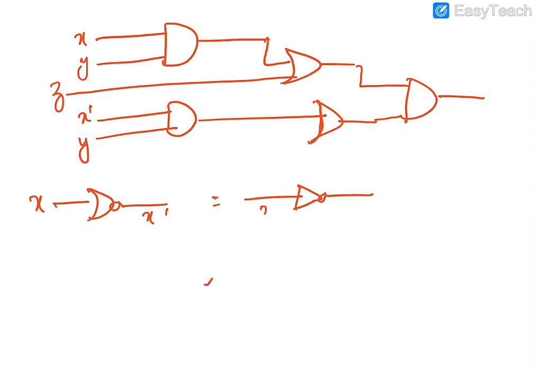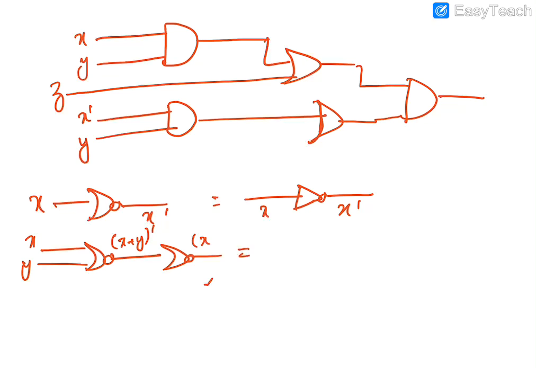Starting from the inverter, for OR logic we have two NOR gates. This is equal to x plus y whole prime, and this is x plus y. So this is equal to OR logic.